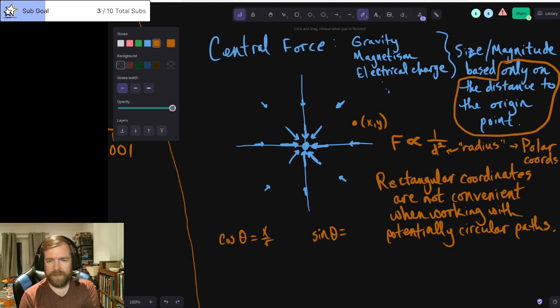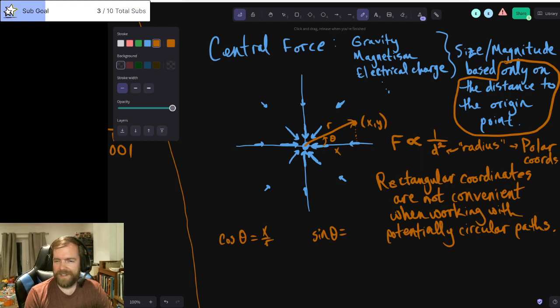Let's use the point. If you draw a vector that goes from the origin out to our point, then it has components x and y, and r the radius. And we'd also have some theta, which is going to be our angle here. And lo and behold, we're back to trig.